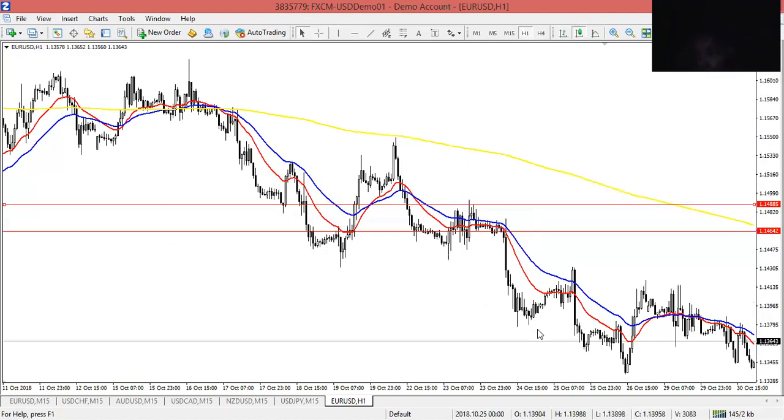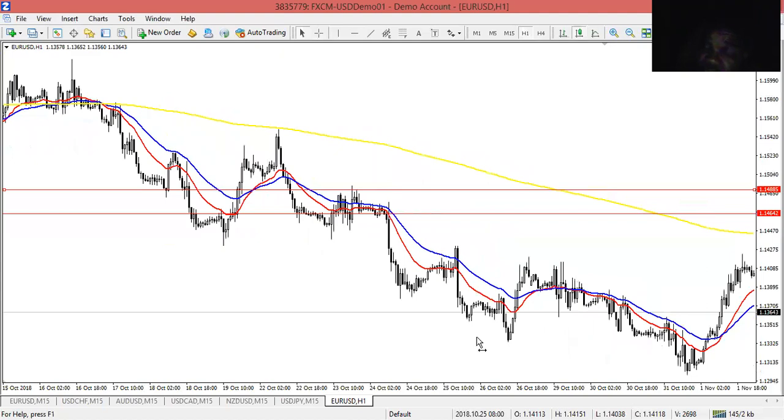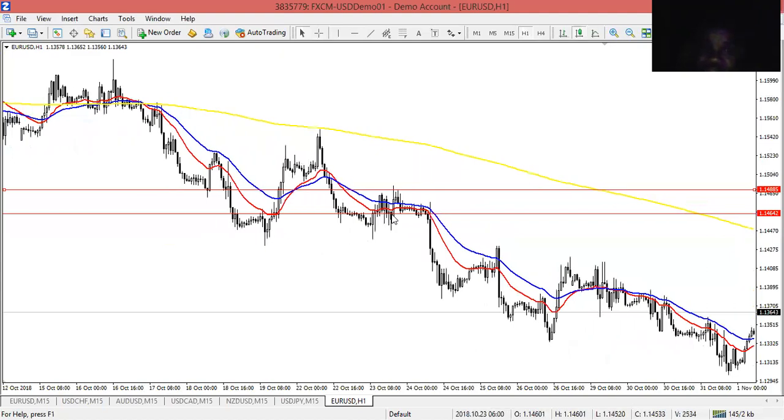Sometimes, not all the time, what I usually do is wait for a pullback. After waiting for my pullback, instead of entering, I wait for the candlestick to fall below this red before I enter.